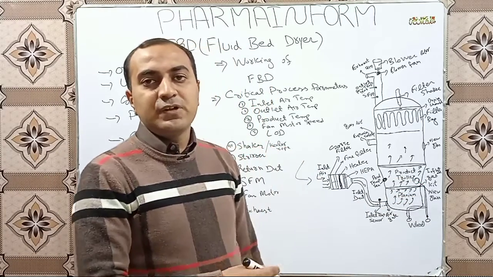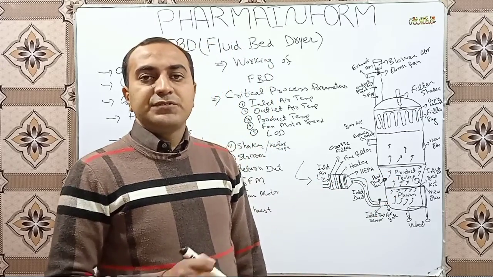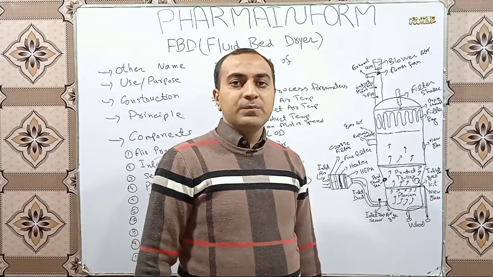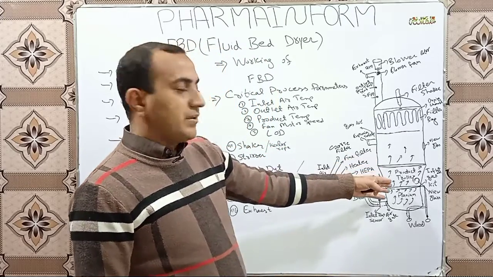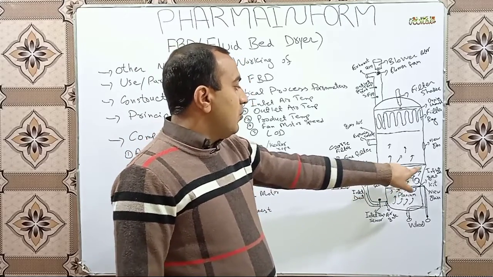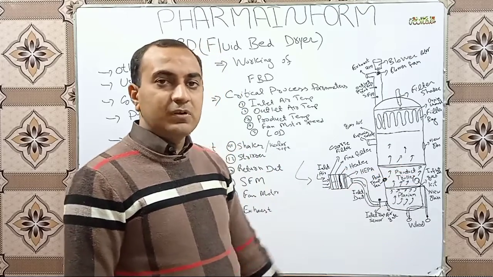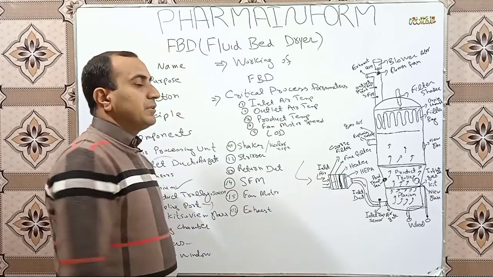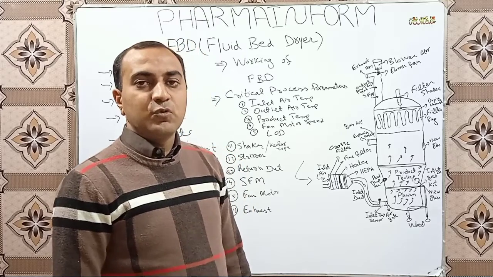After specific time intervals we draw some sample from the product trolley and check its moisture or LOD on the moisture analyzer, and when our value comes according to the BMR, we stop our drying process, deflate the gaskets, remove our product trolley and remove our product. So this was the basic principle and working mechanism of the fluidized bed dryer or fluid bed dryer.